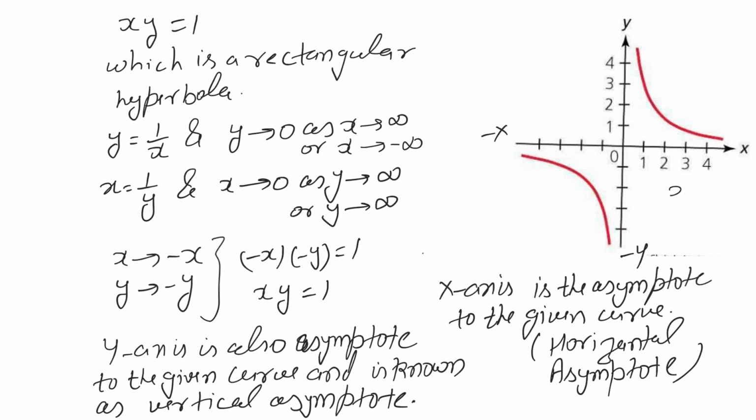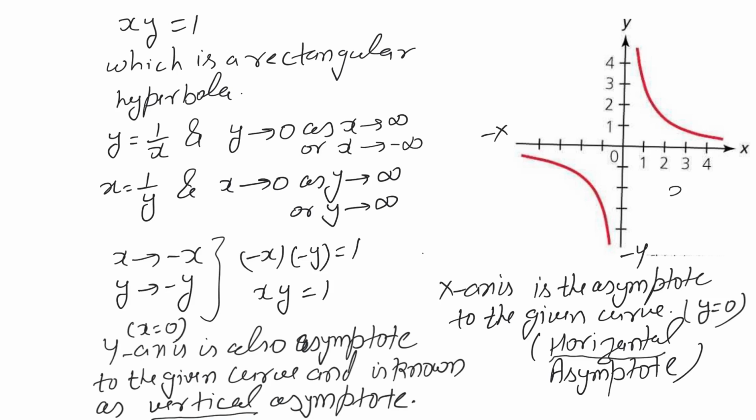So this given curve has two asymptotes. One is the x-axis, which is given by y = 0, and the other is the y-axis, which is given by x = 0. The x-axis is known as the horizontal asymptote and the y-axis is known as the vertical asymptote.